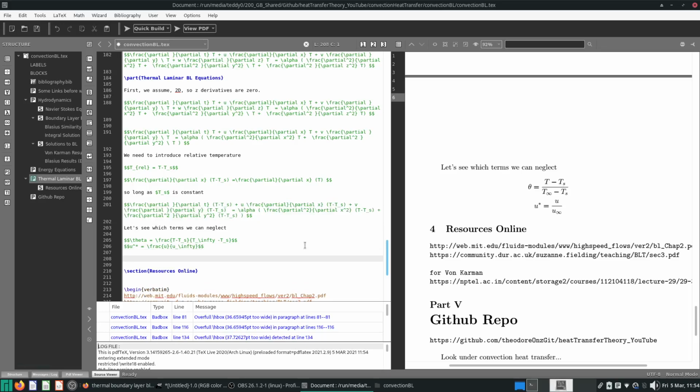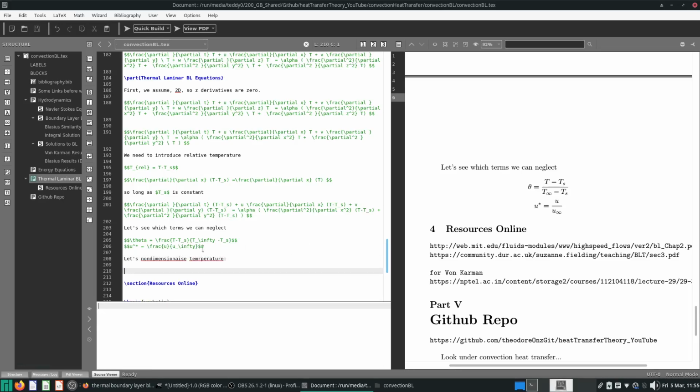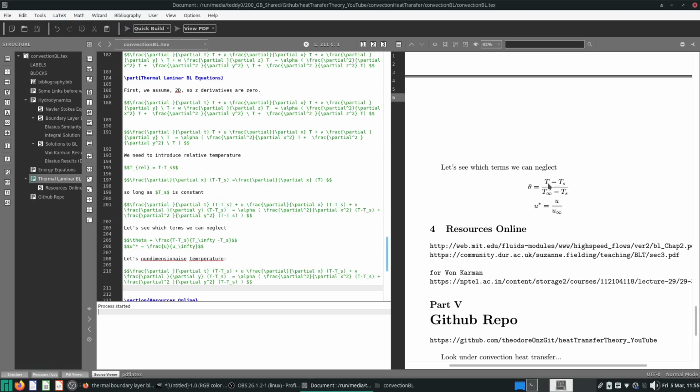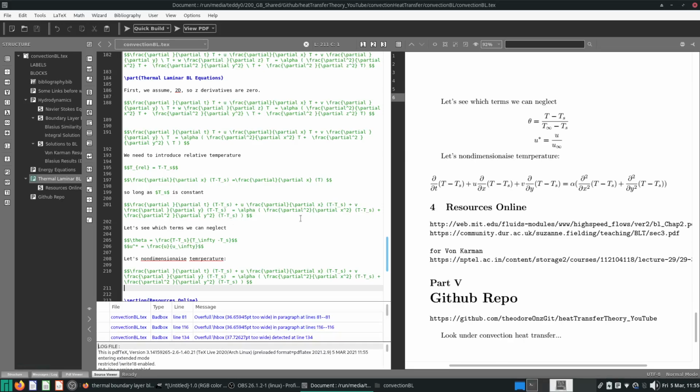Okay, so let's non-dimensionalize temperature. We just replace T minus Ts with theta times T infinity minus Ts.